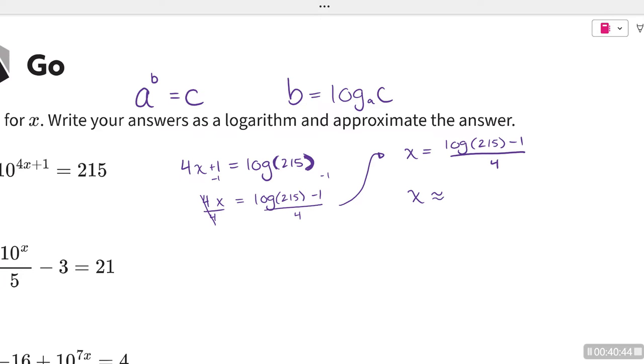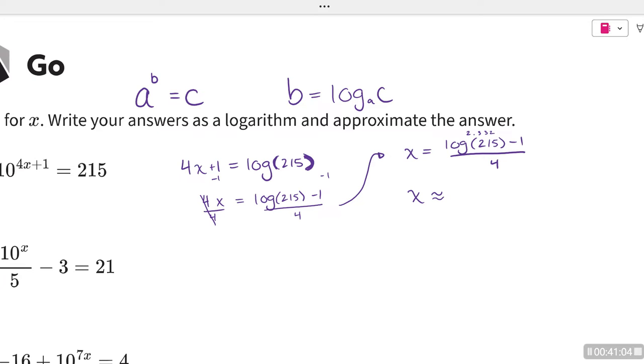So now to approximate the answer, we're going to put this in our calculator. And it does say approximate because log of 215 is not going to come out to a nice number. Log of 215 is roughly about 2.332-ish.